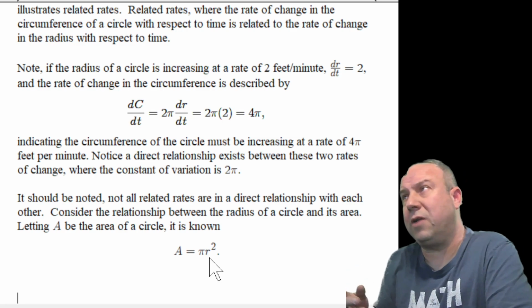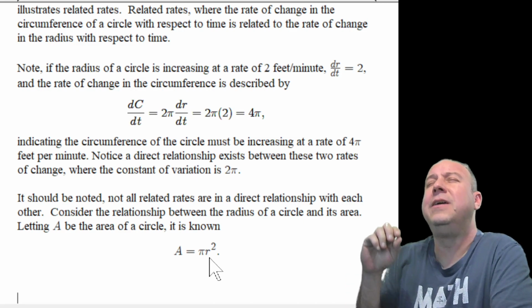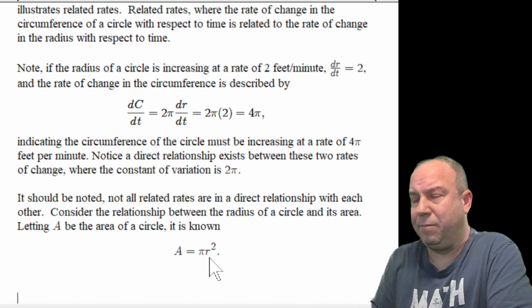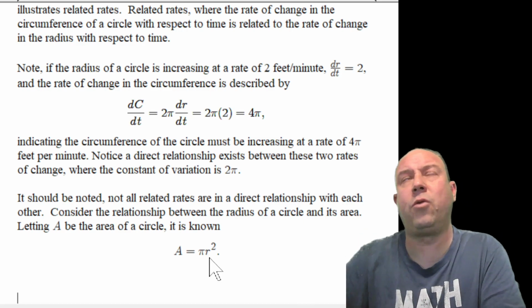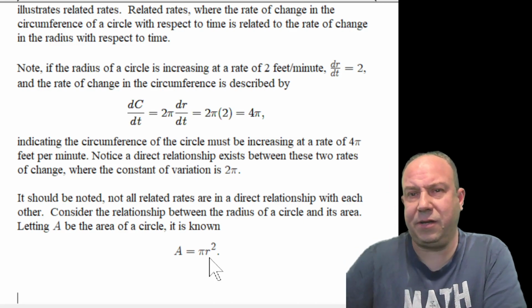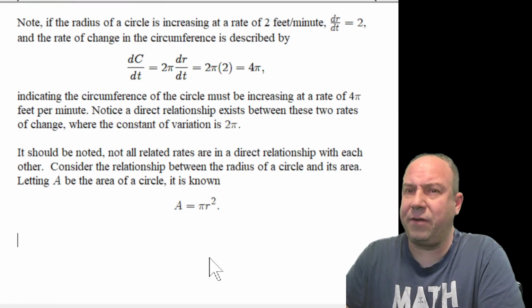So 20 squared is 400, and my area would be 400 pi feet squared. Pi is about 3.14, so 400 times 3.14 is somewhere over 1,200 feet squared for the area of our circle.